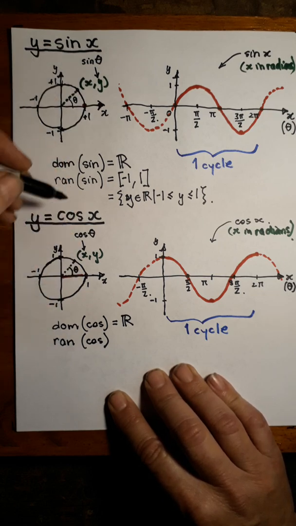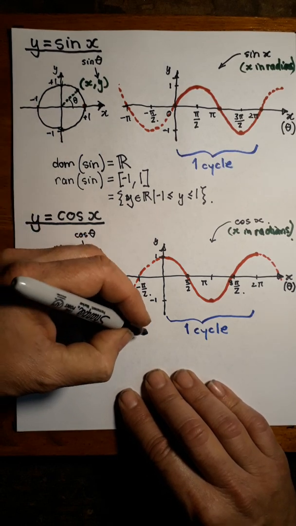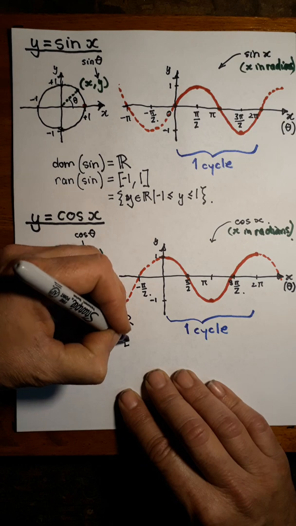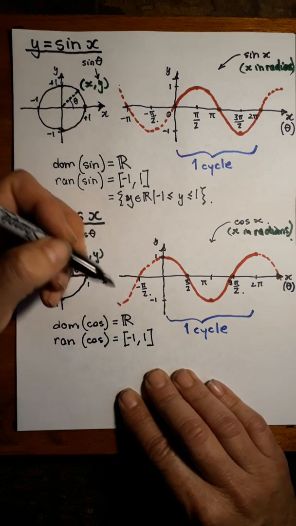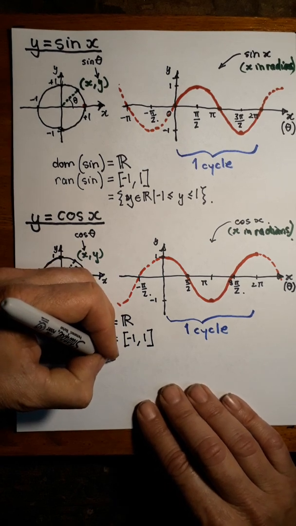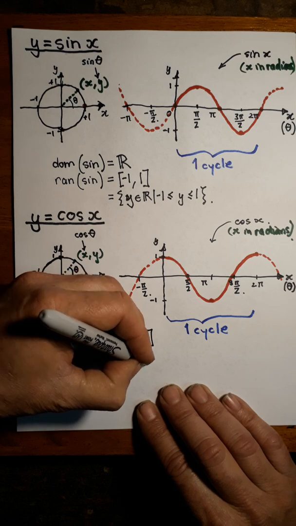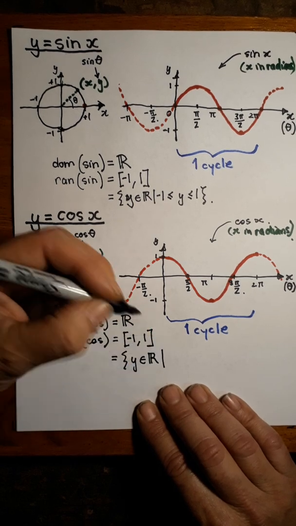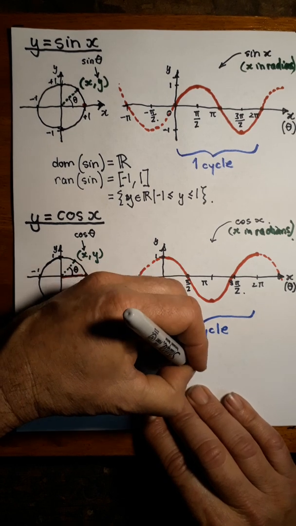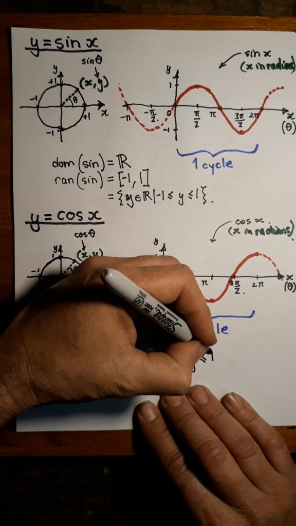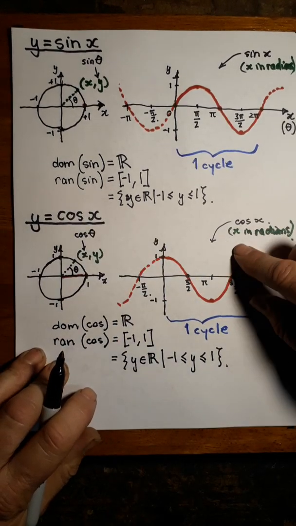So the range of cos will in fact be the same as the range for sine, which will be any number we like between -1 and 1 inclusive. Okay, and we can write that as a set. So the set of all y's, which we're taking from the real numbers, with the restriction that -1 is less than or equal to y, which is less than or equal to 1. There we have it.